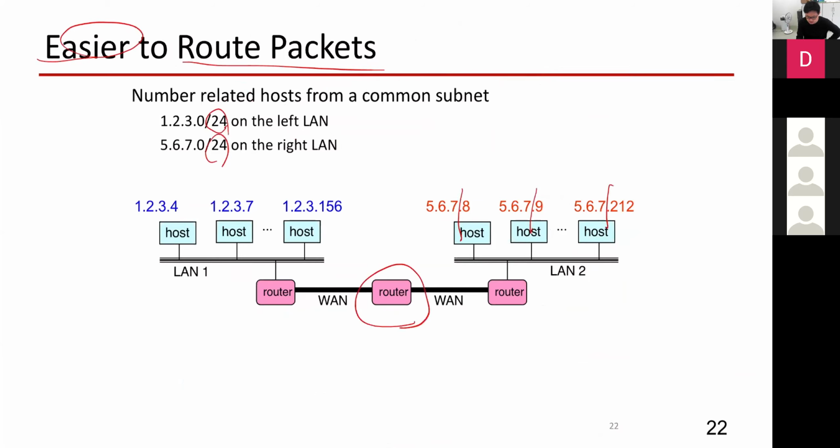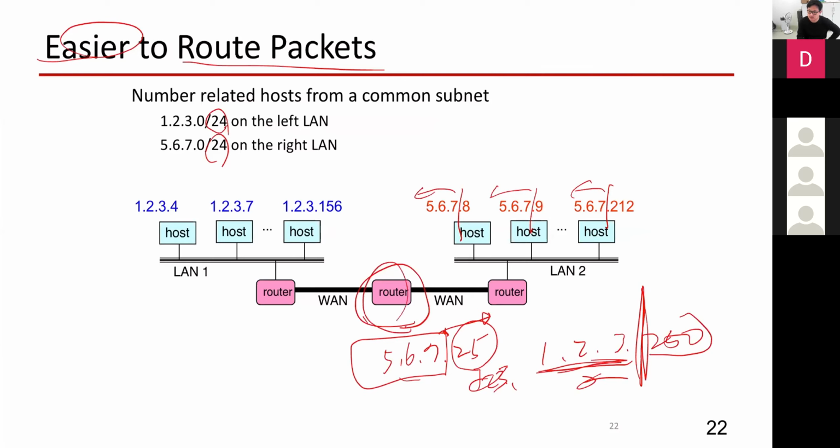I only care that if you're talking to these groups, you go to my right. How about 1.2.3.250? I don't really care about these hosts, but if you're looking for these, you go to the left. This router can say that.